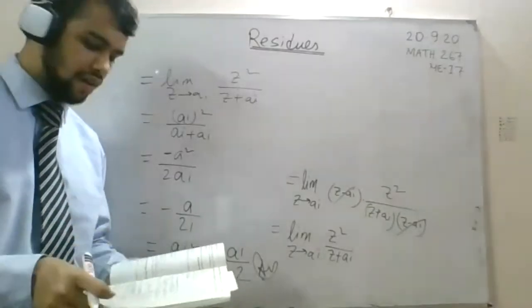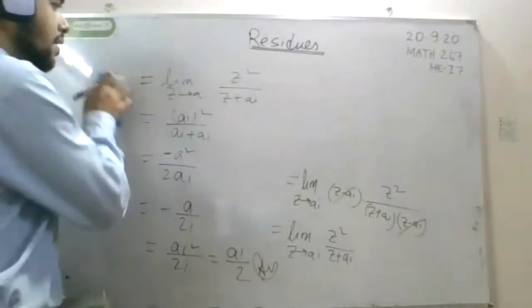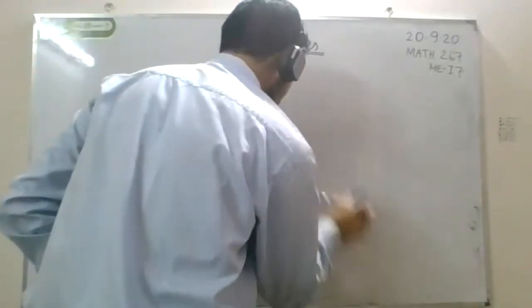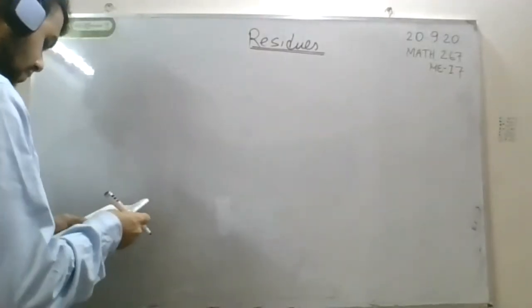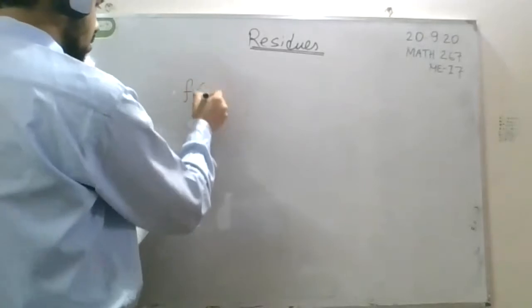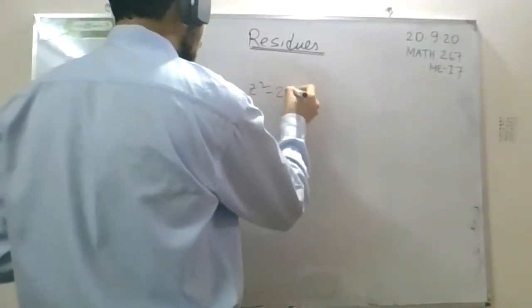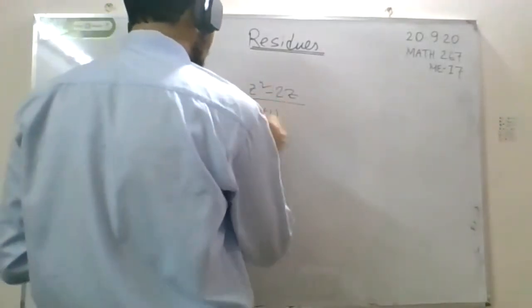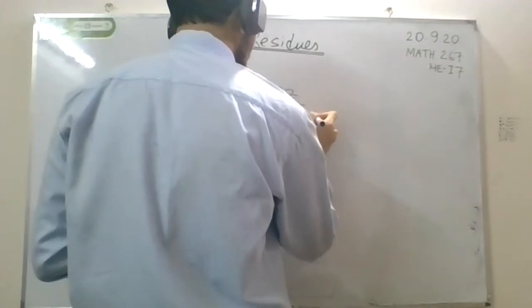And also, suppose your f(z) equals z square minus 2z divided by (z plus 1) square times (z square plus 4).